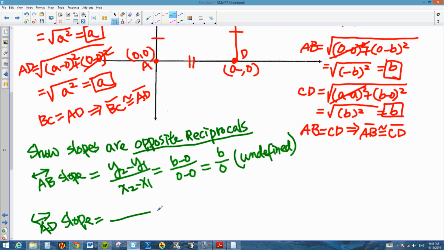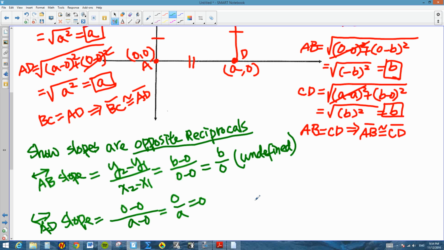With the same formula, y2 minus y1 is 0 minus 0, and x2 minus x1 is a minus 0, which gives me 0 over a. And 0 over a is 0. So this is undefined, this is 0.